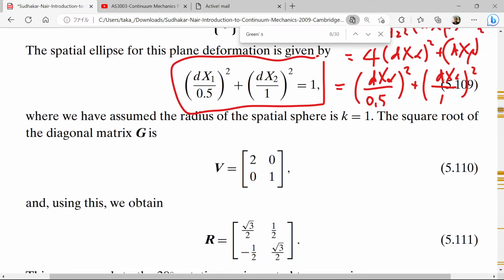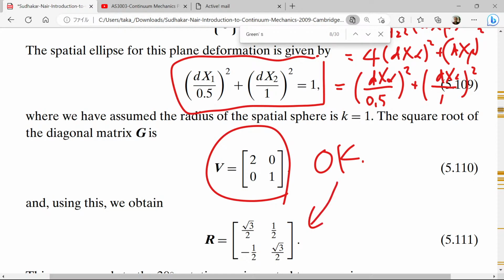The square root of G is, this is okay. Okay. And how do you obtain this? Using this, we obtain this.